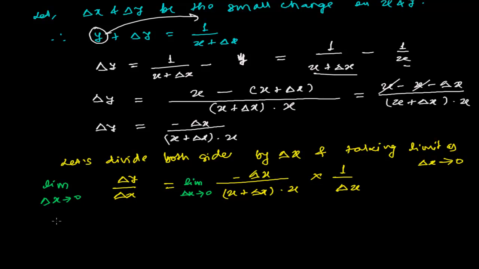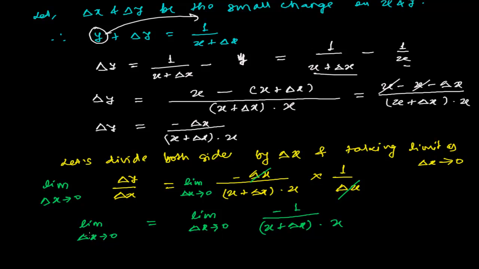Now delta x and delta x cancel out, and I am left with limit delta x tends to 0 equals limit delta x tends to 0 of minus 1 over x plus delta x times x. Now I can easily plug in the value of delta x, there is no fear, right?